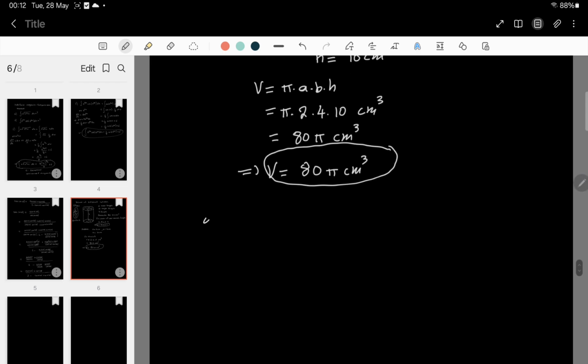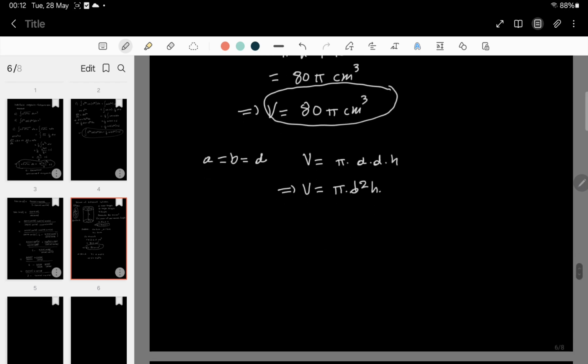Of course, if A is equal to B is equal to a fixed distance, then the volume becomes pi times D times D times H. So this is pi times D squared times H, which is the volume of a cylinder where on top and bottom you have two circles.